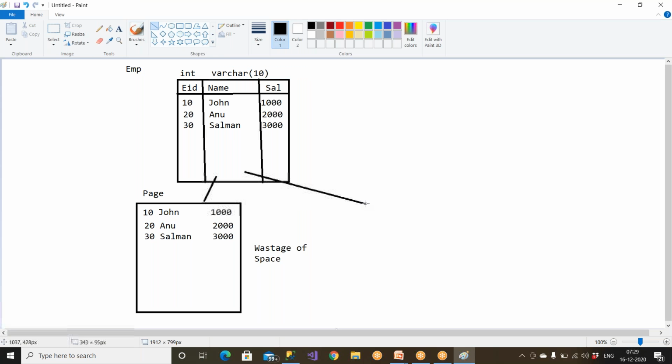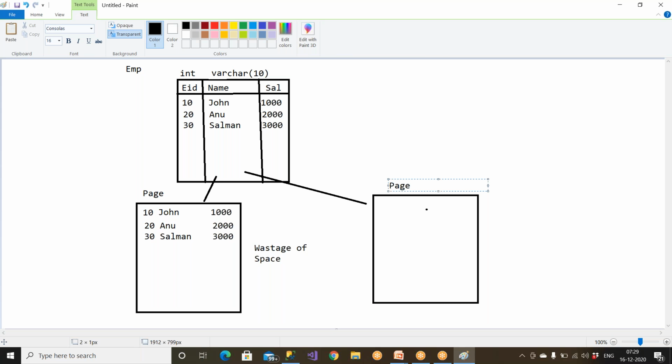So when you make it varchar data, what happens? As it is, you have the page, right? End of the day, the data will go to the page only. But now I'm talking about varchar data.